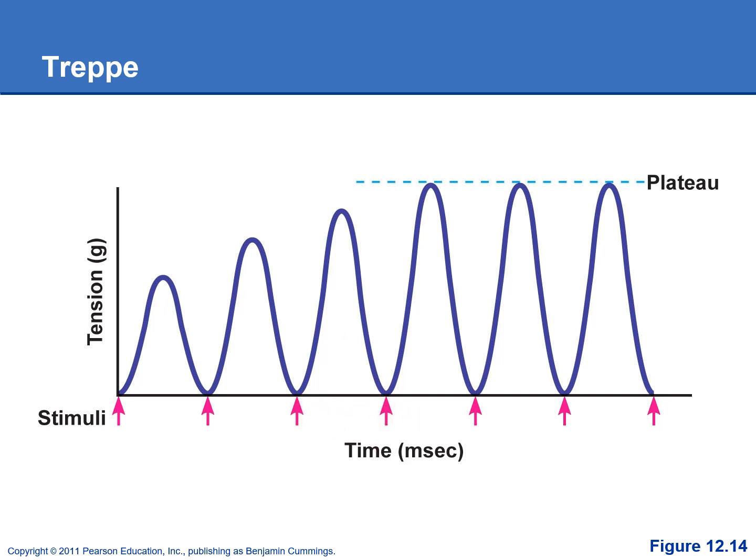And there's a couple of ideas why treppe happens. One is that maybe not all of the calcium gets pumped back into the sarcoplasmic reticulum. So maybe there's still a little bit out in the sarcoplasm or the cytoplasm, and when we stimulate it to contract right away again, more calcium gets released, added to what was left out there. And the more calcium that is out in the sarcoplasm, more of it can bind to troponin.